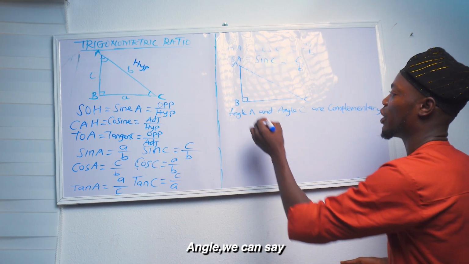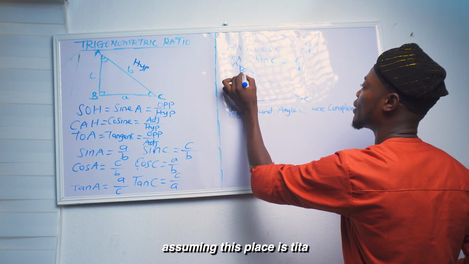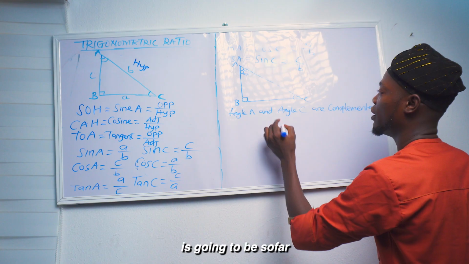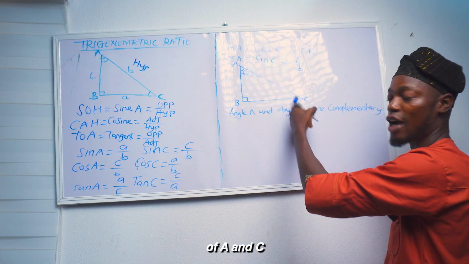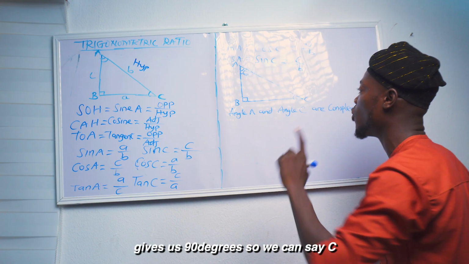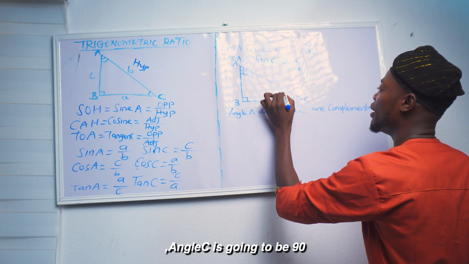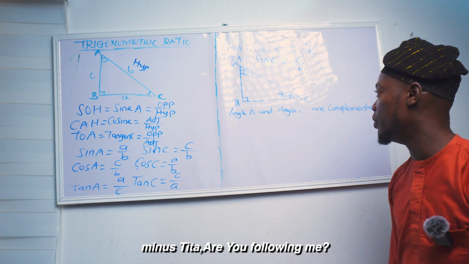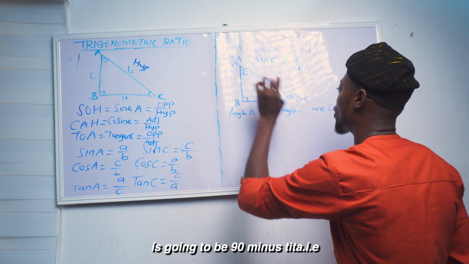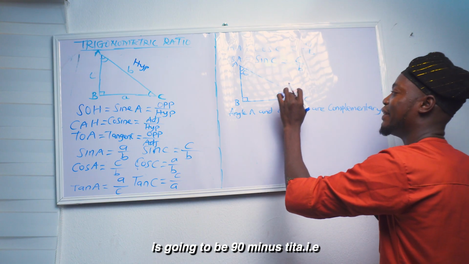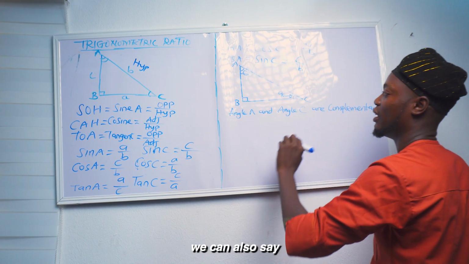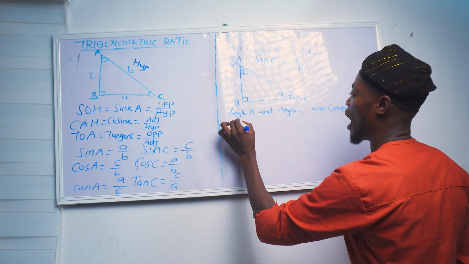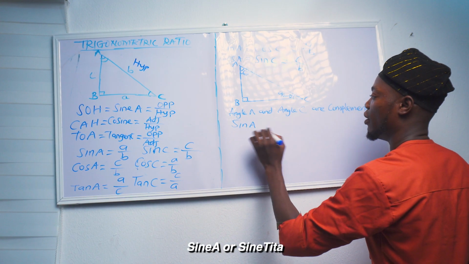Do you get that? So we can say, assuming this angle is theta, automatically angle C is going to be, since the addition of angle A and angle C gives us 90 degrees, 90 minus theta. Are you following me? So angle A is theta, automatically angle C is going to be 90 minus theta. That is, we can also say sine A or sine theta.